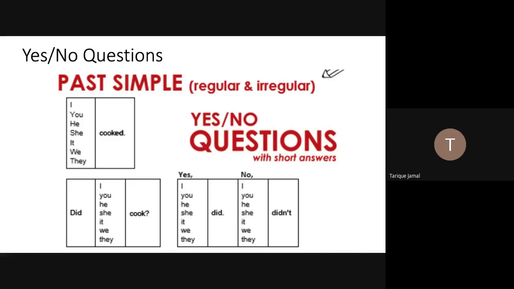We just left it as the base verb, because we already have did. And then when you answer, what are you going to say? Yes, I did. And if it is a no, then we'll say the negative: No, I didn't. So just go through this chart here for a minute and then we'll move on.